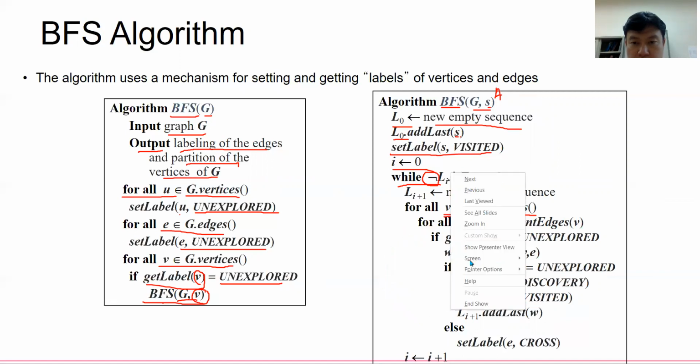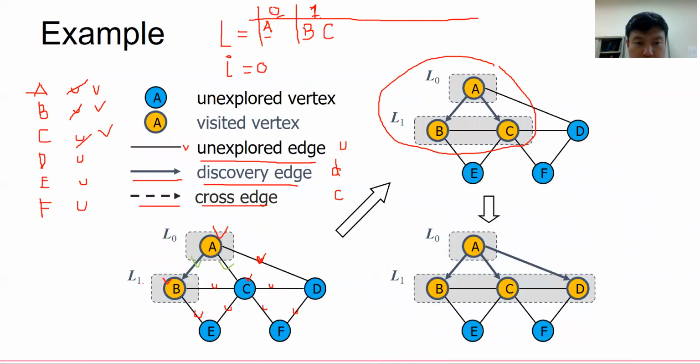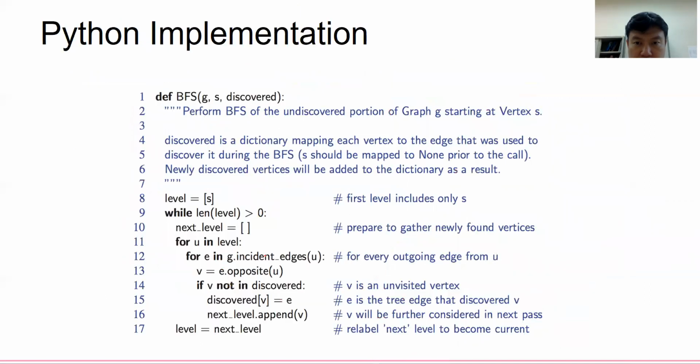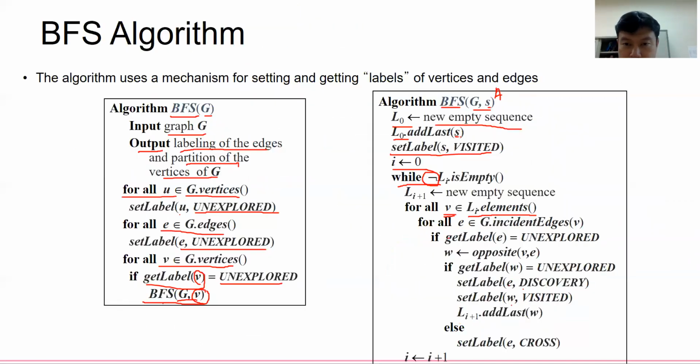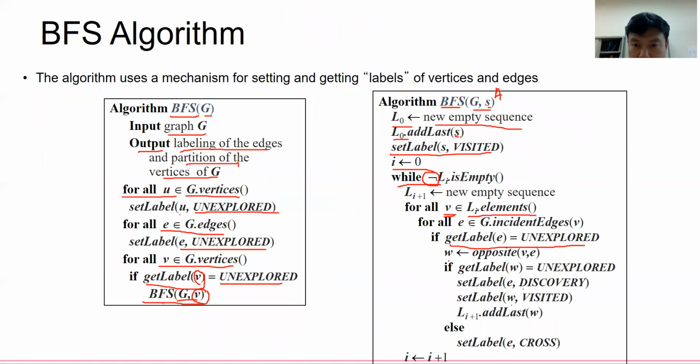The next edge is A to the next node, which is this one, A to D, and you will check. Get label E unexplored. Yes, this edge is unexplored, and then you will check again the opposite.